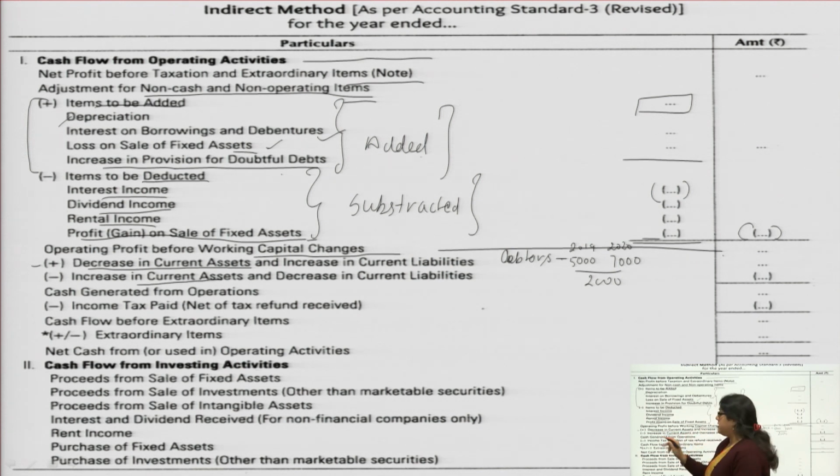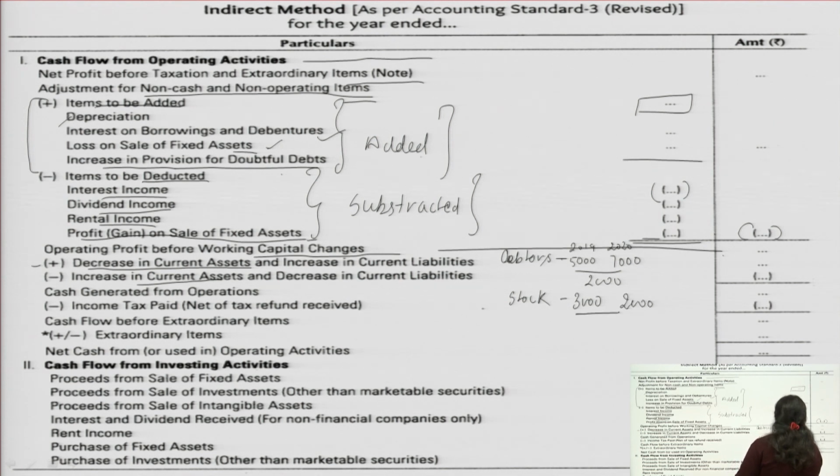If there is a decrease, suppose apart from the debtors we have the stock. Suppose stock in 2019 was 3,000 rupees and in 2020 it has come down to 2,000. So, this 1,000 is decreasing, and we will consider it as a decrease in current assets. Let me repeat it again: if current assets are decreasing, you are supposed to add the amount.